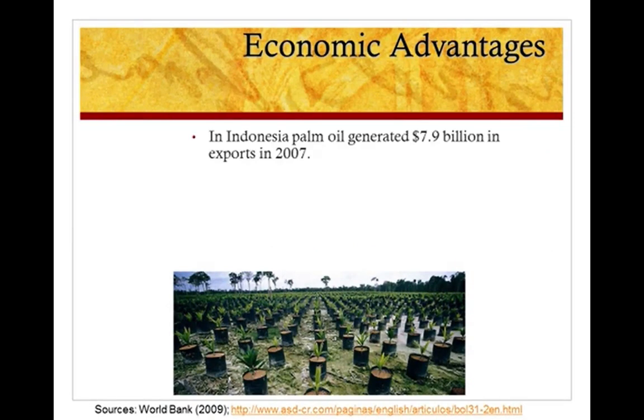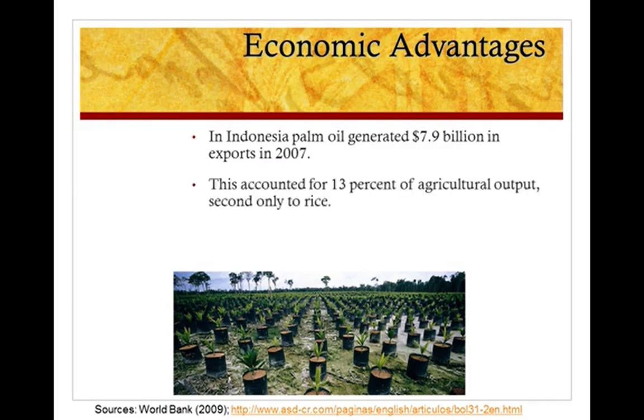Well, lots of money. In Indonesia, palm oil generated almost $8 billion in 2007, and I haven't updated this data, and I apologize. But again, enormous profits to Indonesia from palm oil. That was 13% of agricultural output, second only to rice. So in Indonesia, palm oil is number 2, and it may have moved to number 1.